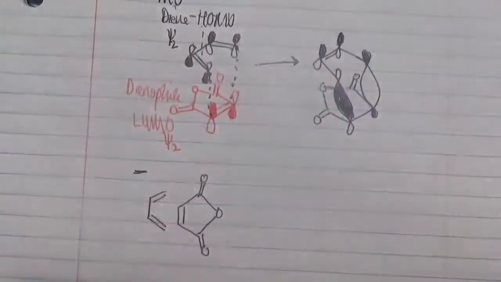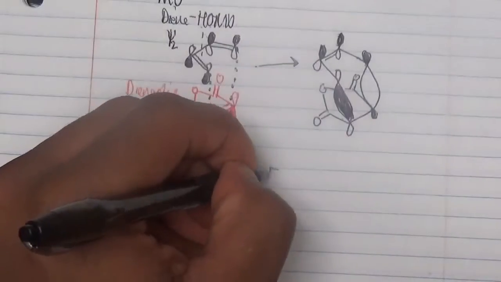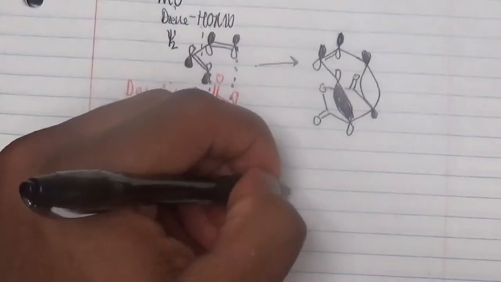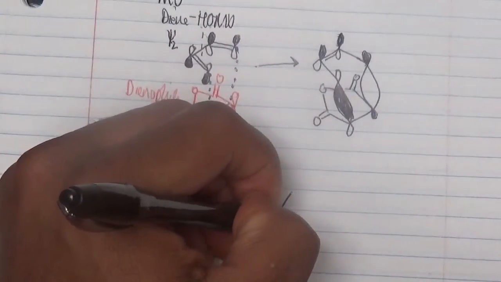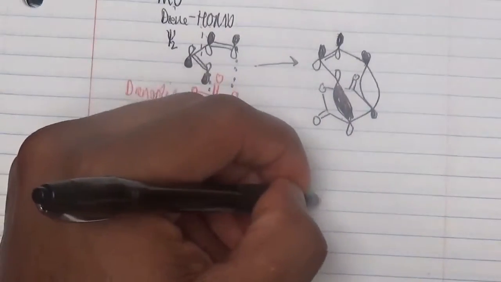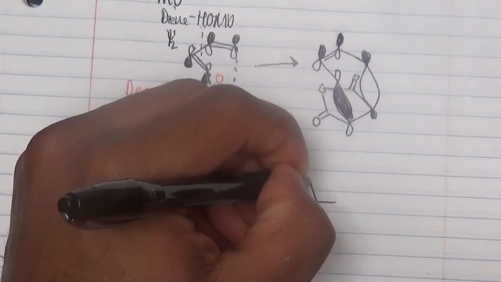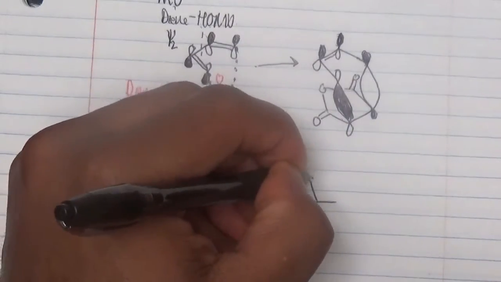So what we have in this process is our transition state, where this is our diene, and this is our dienophile.